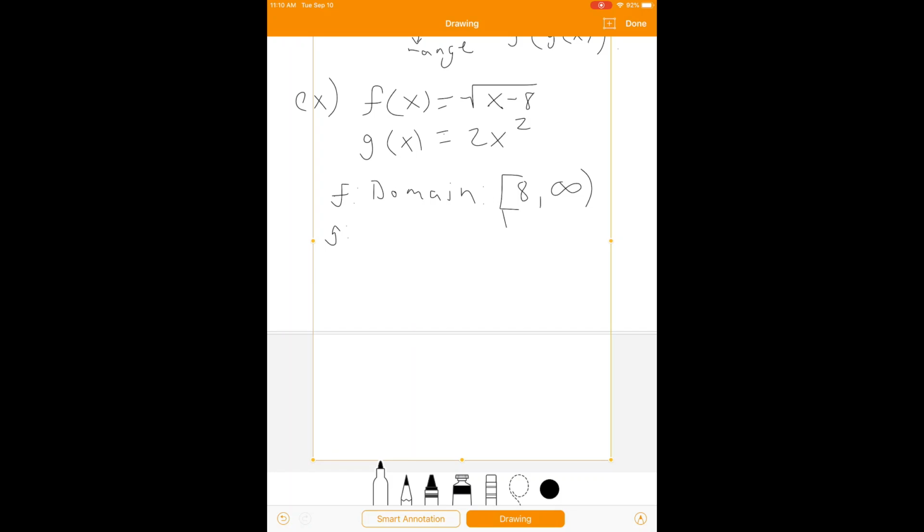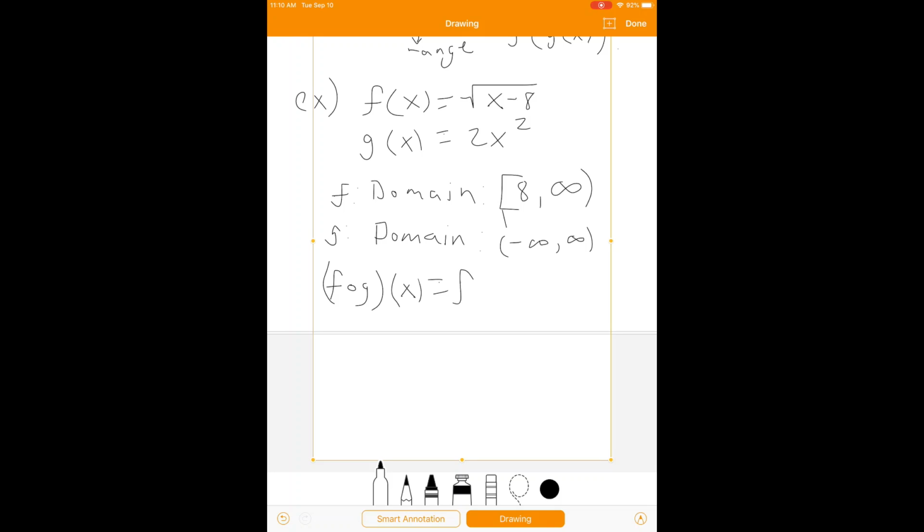If we look at the domain of g, that is a quadratic function, so our domain is going to be negative infinity to positive infinity. Now the first thing we are going to find is f of g of x.